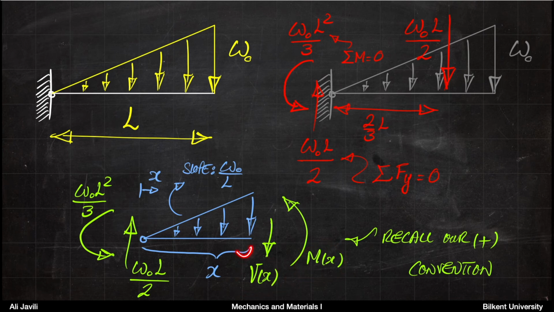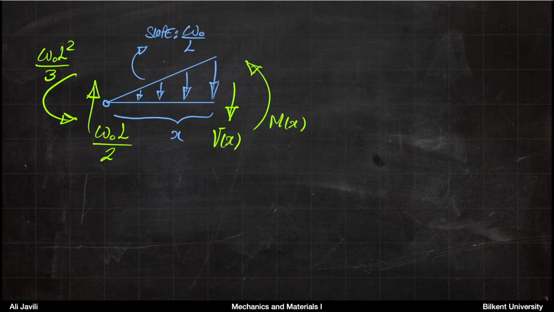So again, if you cut it at distance x from the support, we draw the shear force and moment according to our convention. And all you have to do now is to write equilibrium for this system. So this is the system, and we want to write just the balance of forces and moments on this system.